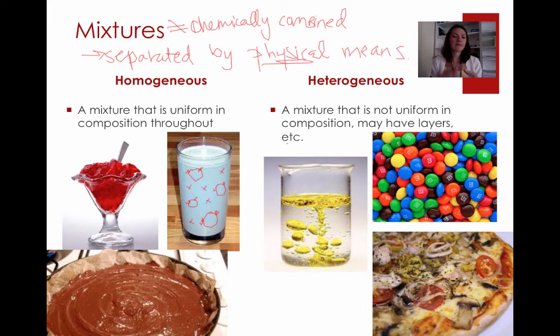The fat is moving in between the compound, but they're not chemically bonded. They're just sharing the same space. In a homogeneous mixture, the elements and compounds share the same space. For heterogeneous, the particles are so big that they actually separate themselves, or their characteristics are so different that they separate themselves. So we have mixtures that don't look the same throughout.